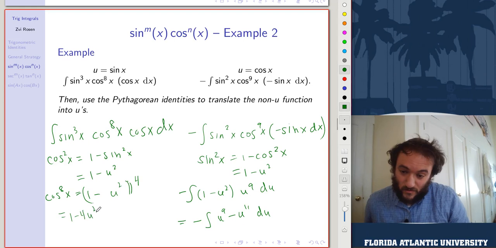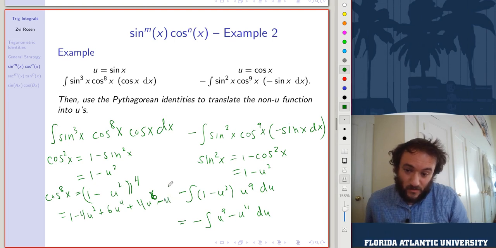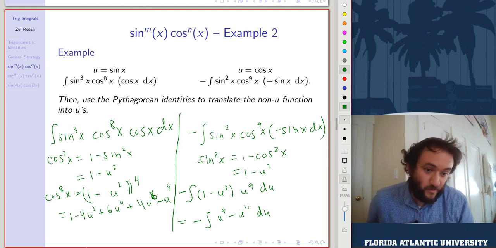1 minus 4u squared plus 6u to the 4th minus 4u to the 6th, my apologies, plus u to the 8th. Okay, so that's going to be very, very annoying to put into our integral.